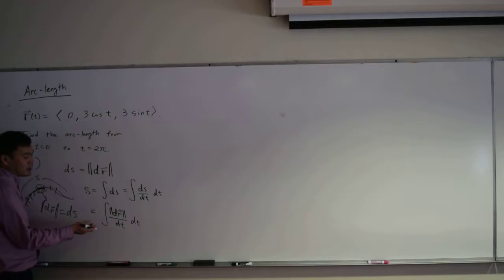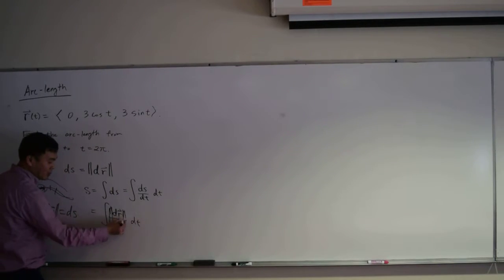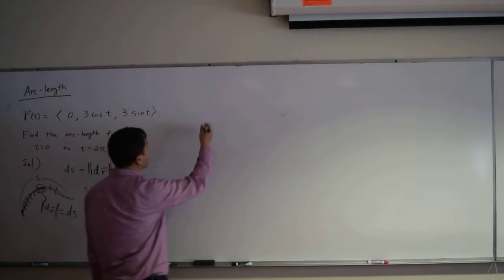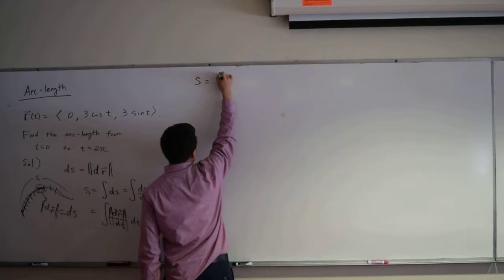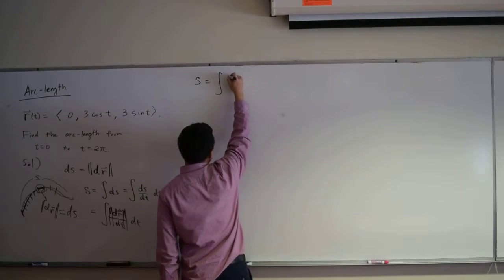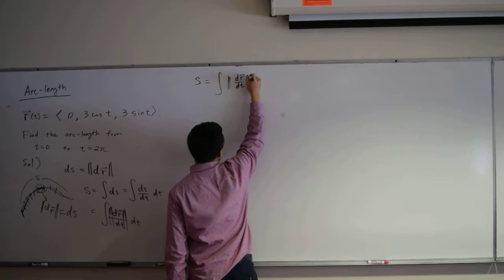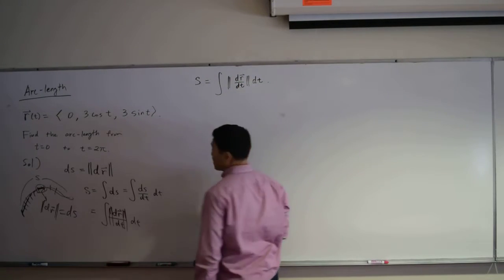And if you assume that dt is always a positive scalar, you can just put it inside the norm. So we have the following formula. s equals the integral of the norm of dr dt, dt.